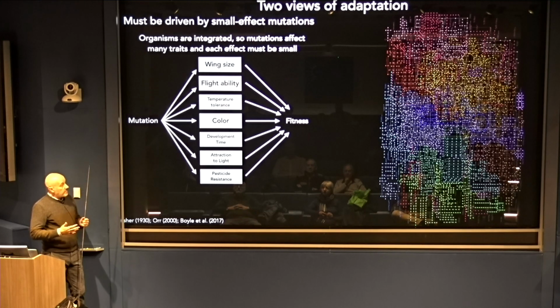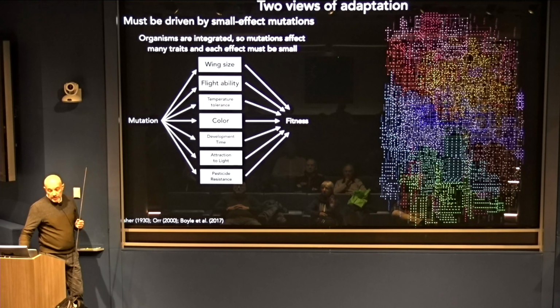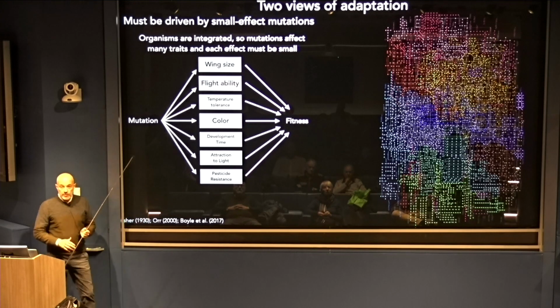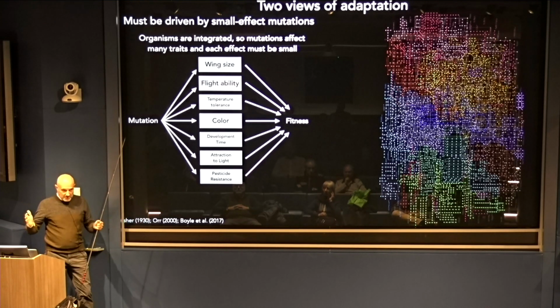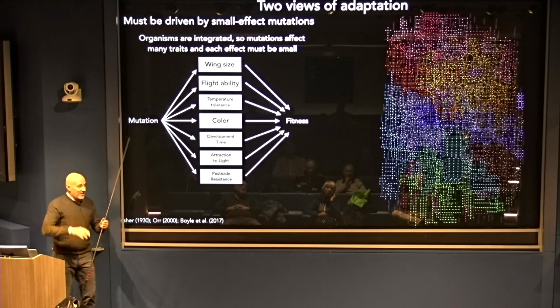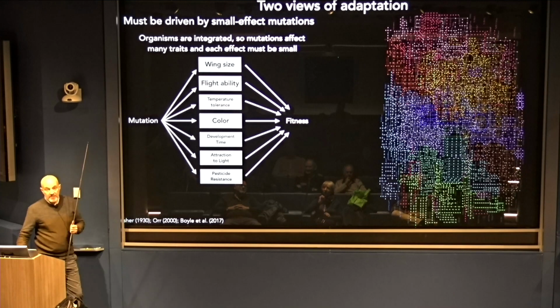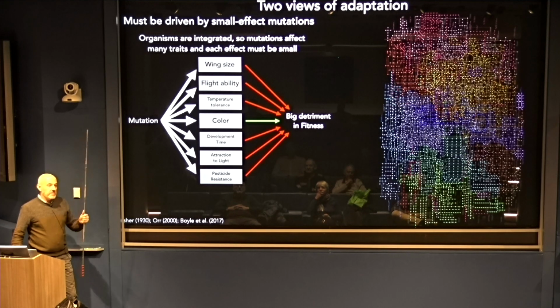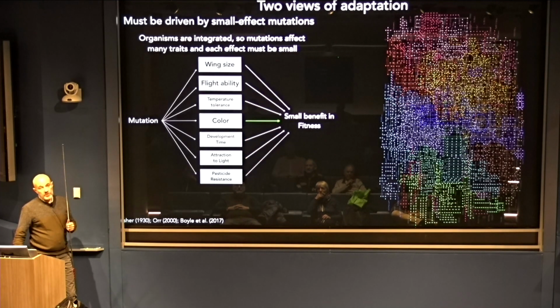And as such, this is my figure showing that biology is complex, right? There's a lot of complexity in there. Everything's integrated, and so the big changes are likely to have some deleterious side effects, and the only ones that will be advantageous will be small changes, right?